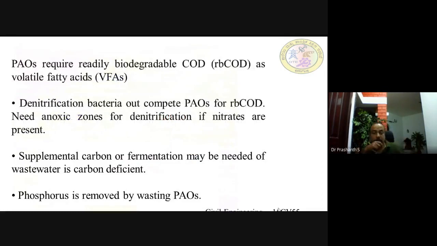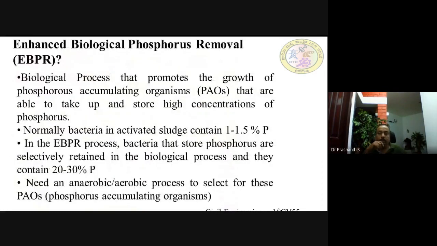So, as I said, the chemical precipitation method for phosphorus removal is an expensive process, and it ends up in large production of sludge, which is really difficult to handle and dispose. So, a new process has come into the picture, which is called enhanced biological phosphorus removal, EBPR or BPR.